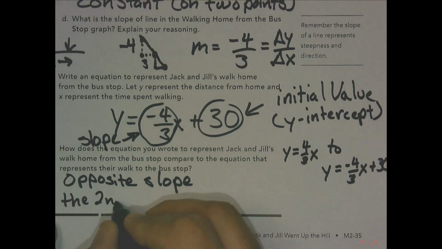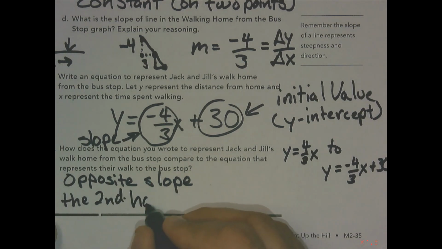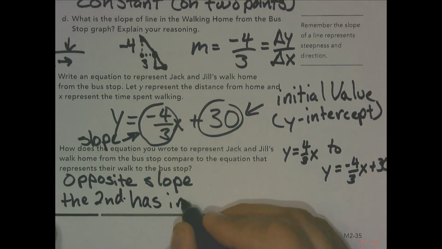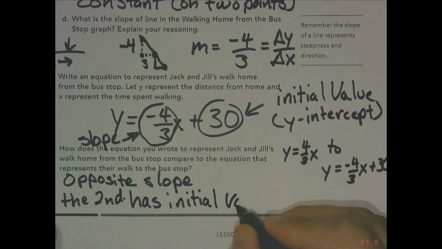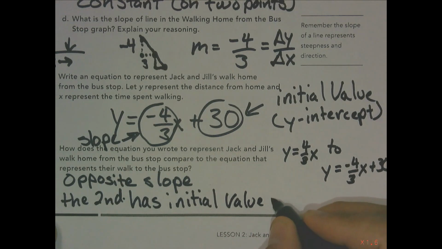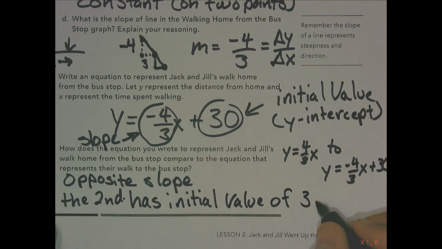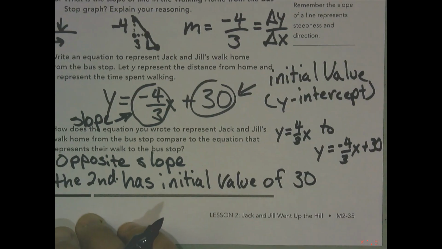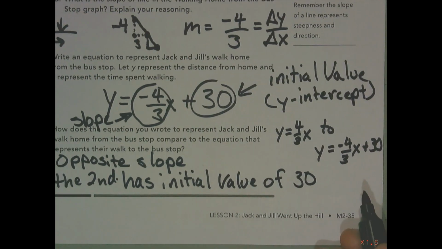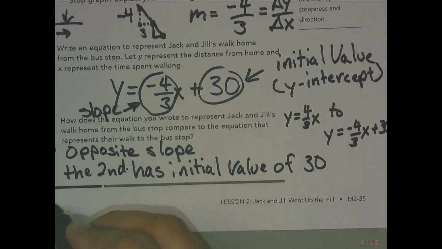The second equation has an initial value of 30. The first equation has an initial value of 0, right?